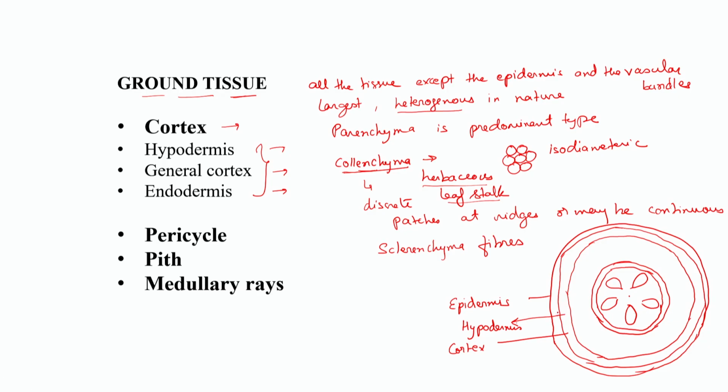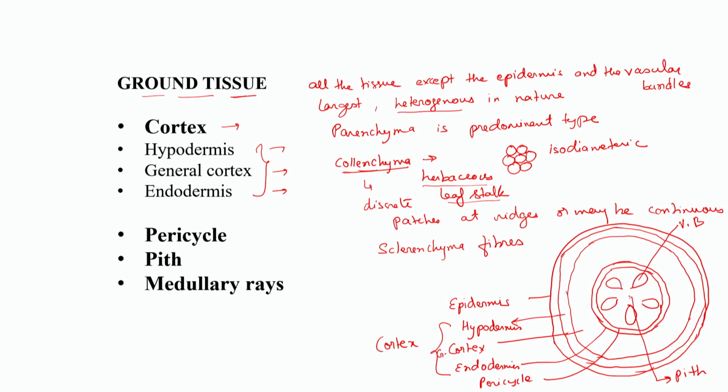Means actually this is the hypodermis, this is the cortex, and then you will have endodermis, and then pericycle. These will be vascular bundles, and in the center you will have pith. Okay, so these parts, this whole together can be known as cortex. Okay, you can see here it's the general cortex.